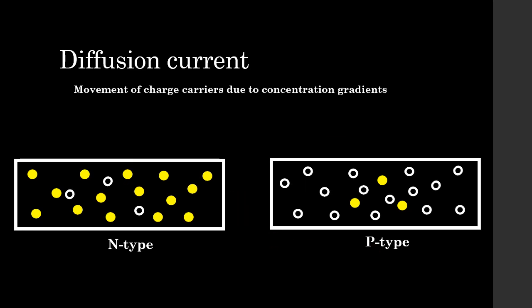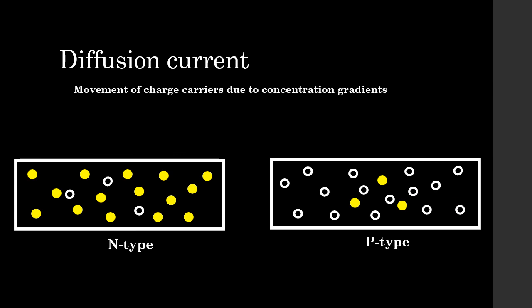And eventually, once the diffusion takes place, you can see that we now have a much better spread of our free electrons and of our holes inside our semiconductor materials.